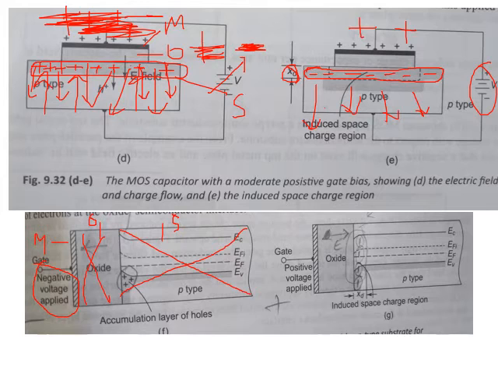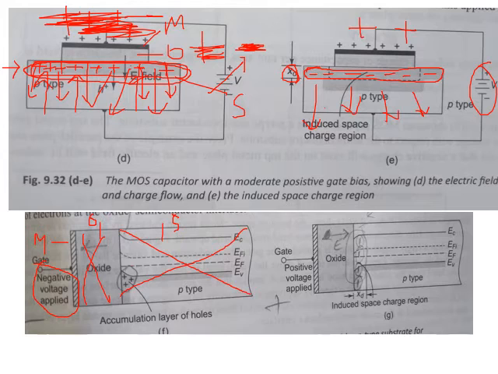So when holes are being attracted, the number of holes is increasing in this region. Why? Because the holes are attracted by the negative. So that is why the energy band diagram is saying that the hole count is increasing.